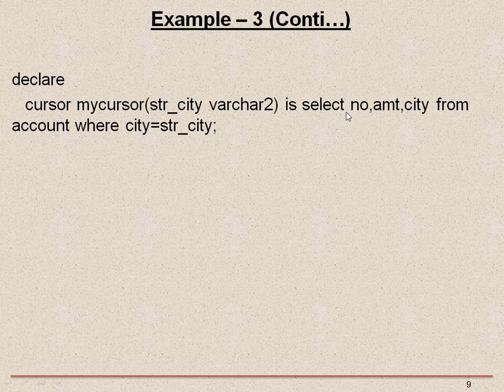Now select the first field name NO, second field name amount, and third is city from the account table where city is a field name equal to whatever city your variable gets; that value will be set here. The variable value is fetched here and it will be compared with the city field name of this table.